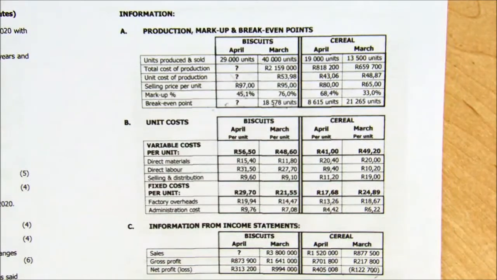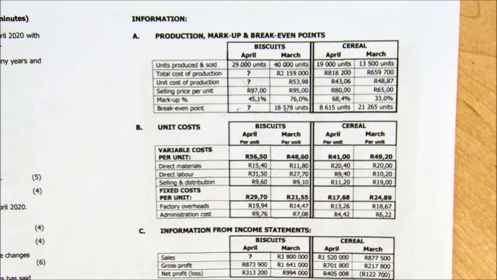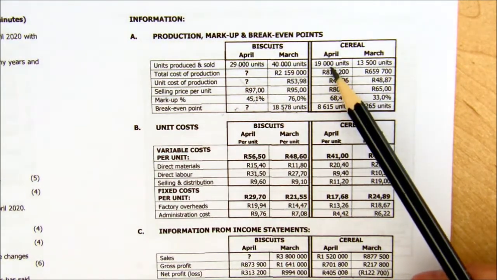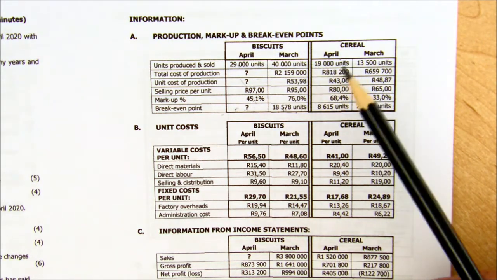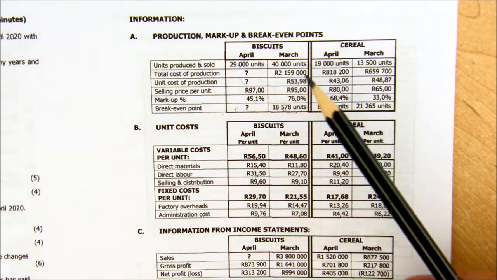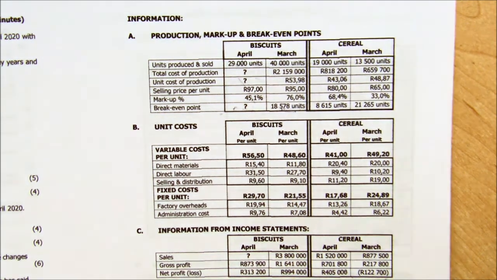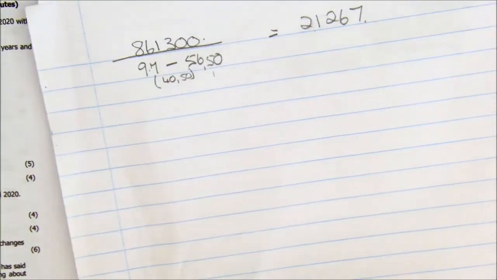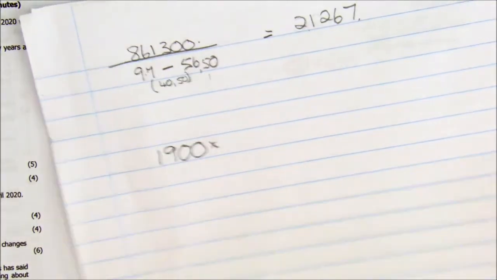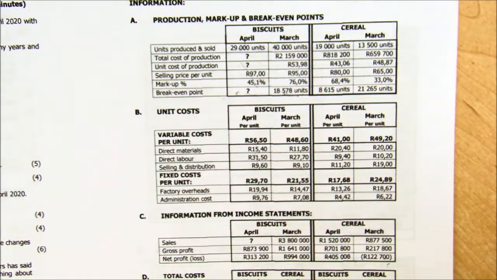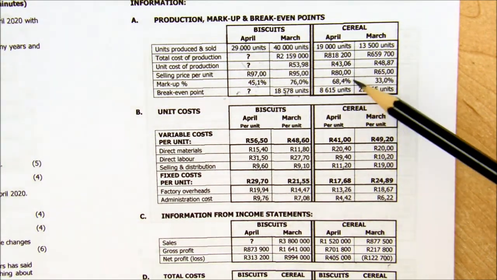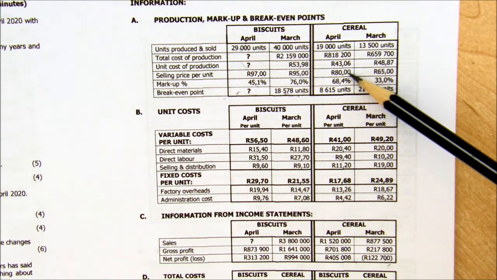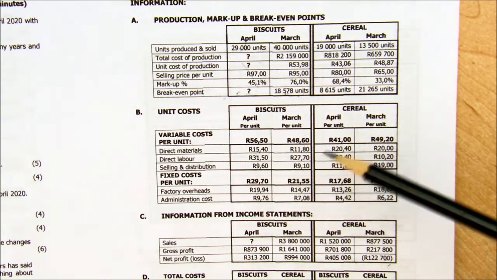All right, I hope you did do some thinking about it, but just to look here. Under the cereal, in April, they've been making 19,000 units. Now they want to increase that by 10%. So we know that 10% of 19,000 will be 1,900, so they want to make an extra 1,900 units. Now remember that the selling price is 80 Rand for each item, and the variable costs are 41 Rand.